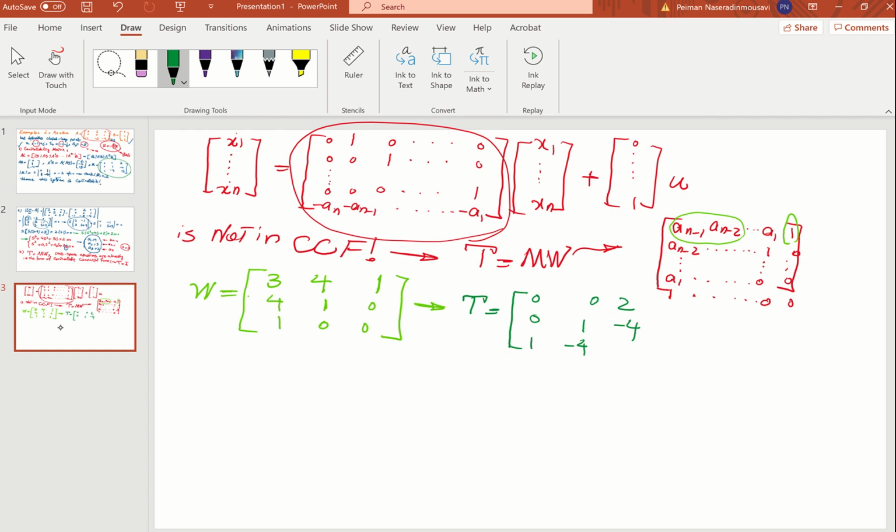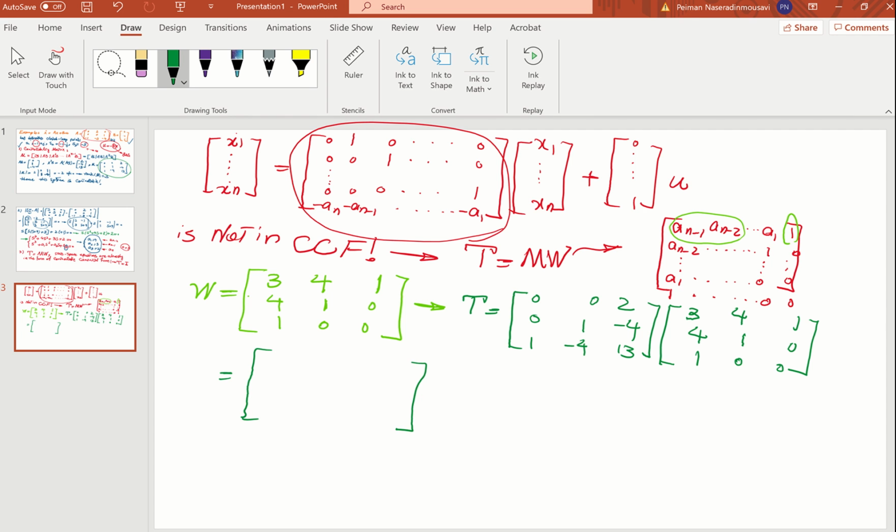Controllability matrix. 1 minus 4 and 13 multiplied by W: 3 4 1, 4 1 0, 1 0 0. Here we go. So the result is the transformation matrix that we're going to use in the gain matrix.